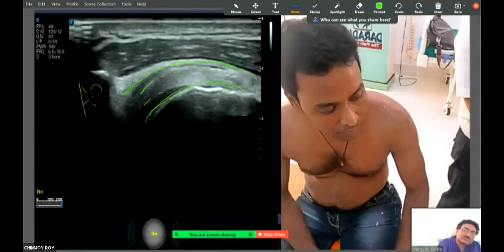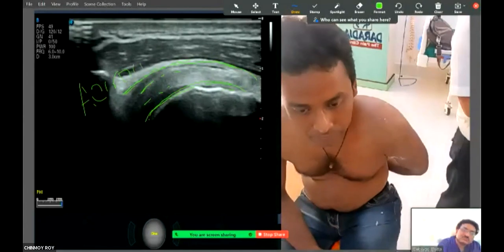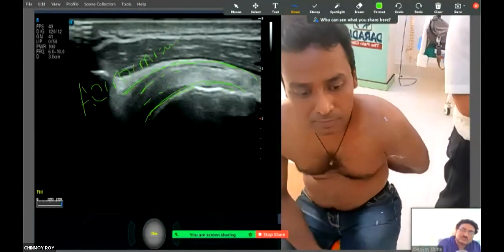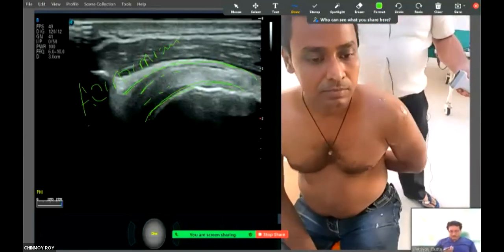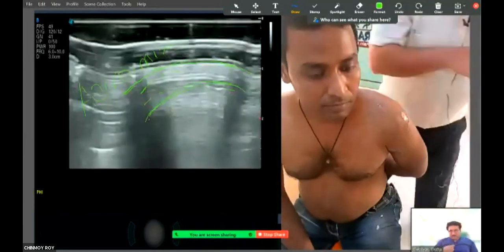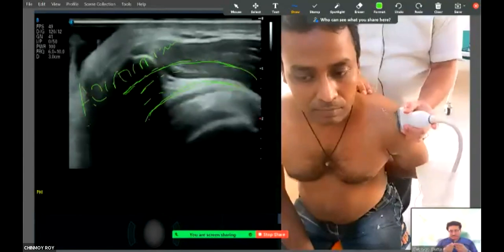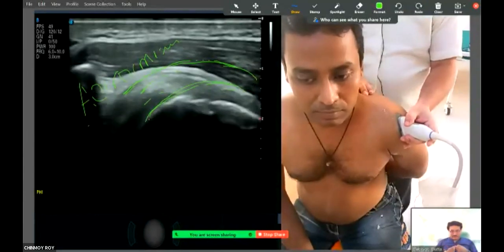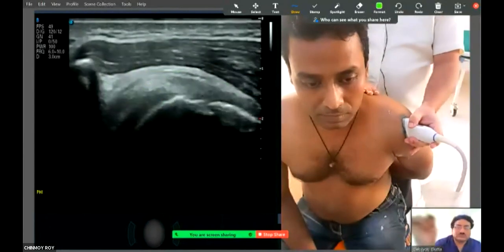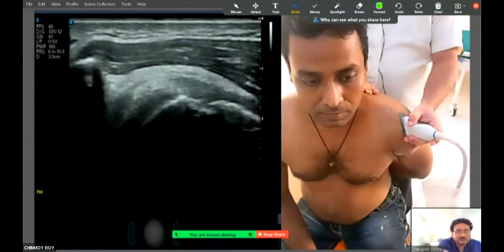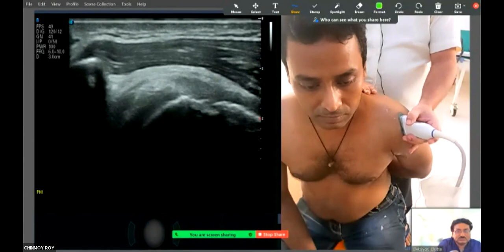Muscle is black, tendon is white. And the same thing you can see, and here also one articular cortical disruption you can see, cortical irregularity. So this is also not common.